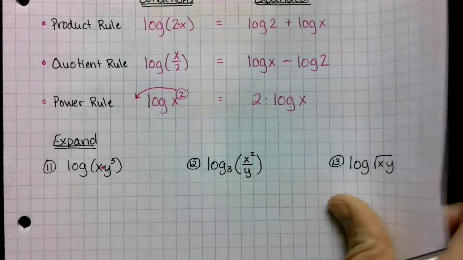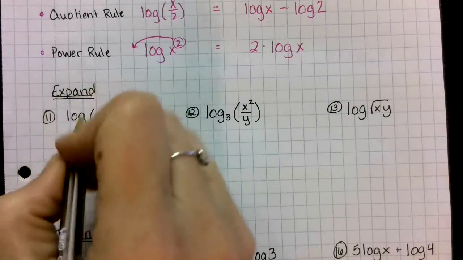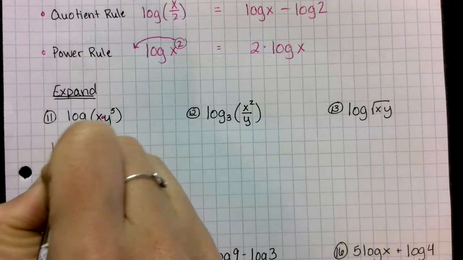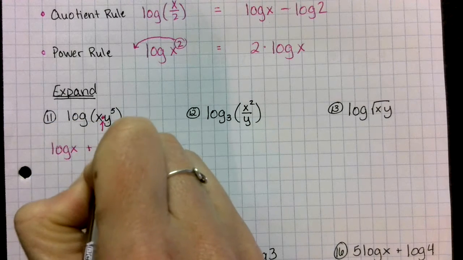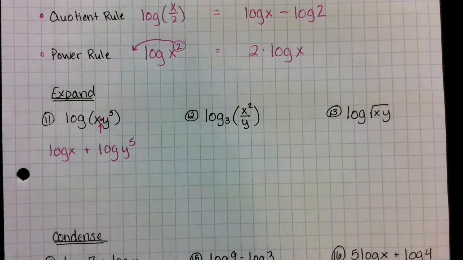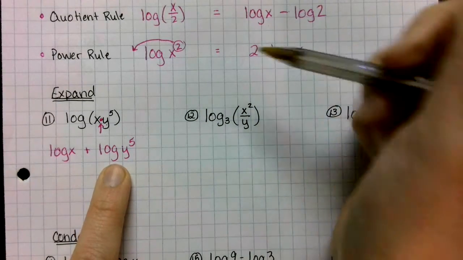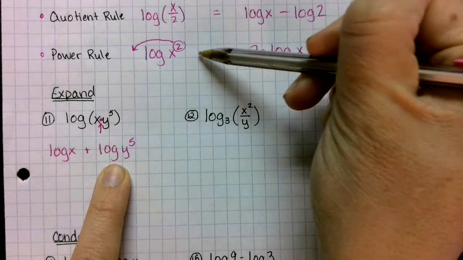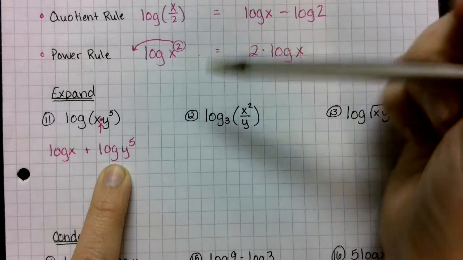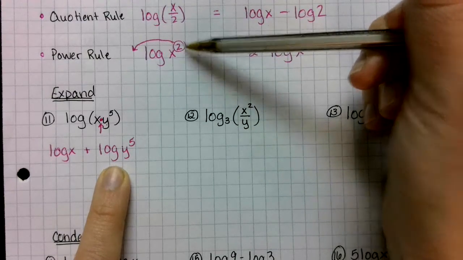Okay, so multiplication implies the product rule. Multiplication goes hand in hand with addition. So I'm going to write this as two separate logs split right here. So I'm going to have log of x plus log of y to the fifth. Now, hopefully what you'll notice is this second part looks very similar to the power rule. So pretty much anytime you have an exponent, when you are expanding, you are going to use the power rule.